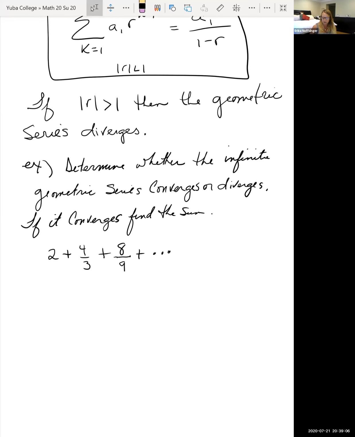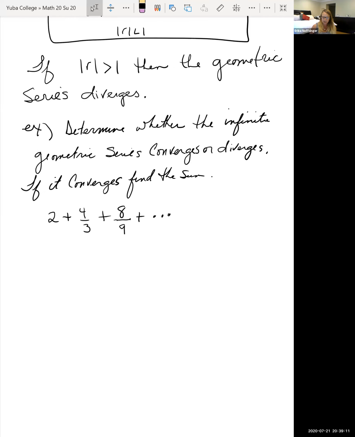Let's show maybe, if it didn't say that, can we show that that's geometric? And could we figure out what our a sub n value is?